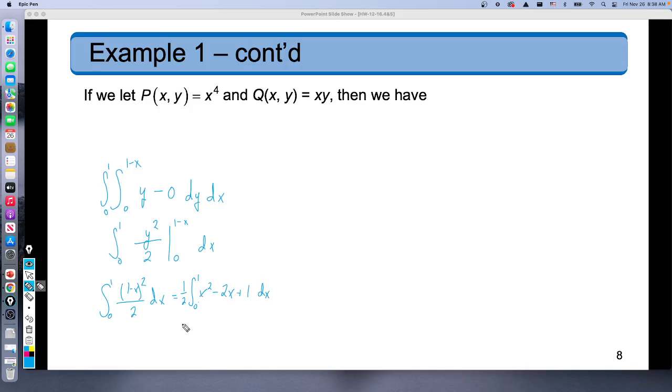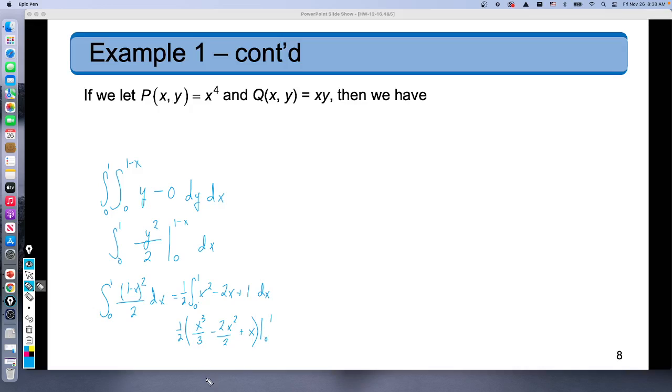And now we integrate everything, so we get 1/2 times x cubed over 3, that's that part. We integrate this part, we're going to get minus 2x squared over 2, so you'll see the 2's cancel, plus x. And that goes from 0 to 1.